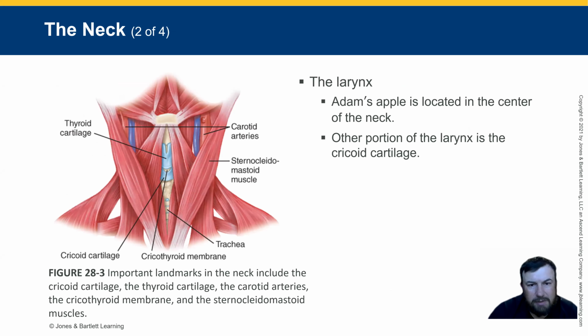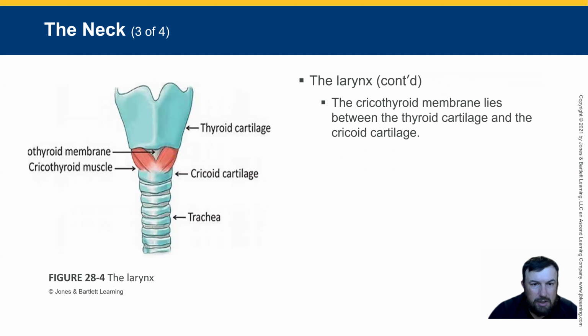The larynx, the Adam's apple, is located in the center of the neck. Other portions of the larynx include the cricoid cartilage. We're going to talk a little bit about it. Once again, I don't want to get hung up on this. The cricothyroid membrane lies between the thyroid cartilage and the cricoid cartilage. I'm sorry, I found this picture online.